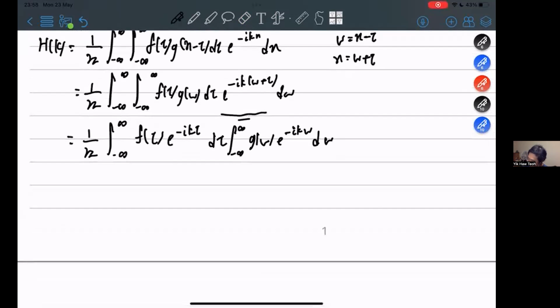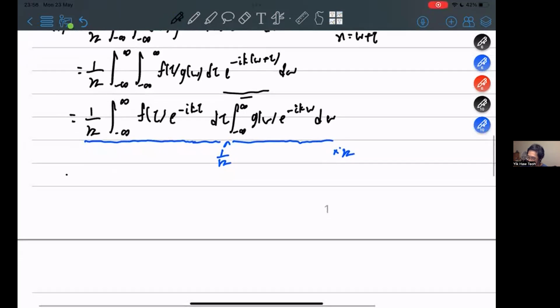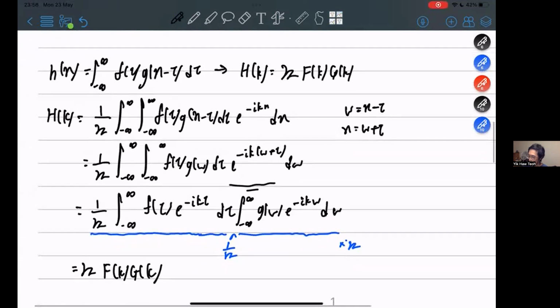Then we observe that there is this function here and also this function here. Do they look familiar? Yes, they do. They're just the Fourier transforms f of k and g of k. Then we multiply another 1 over 2 pi and multiply 2 pi on the side to get the form that we want for Fourier transforms. So the answer will be 2 pi times f of k and g of k. And voila, that is how we prove the convolution theorem for Fourier transforms.